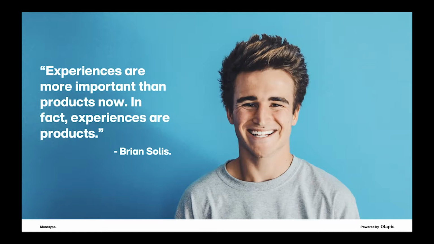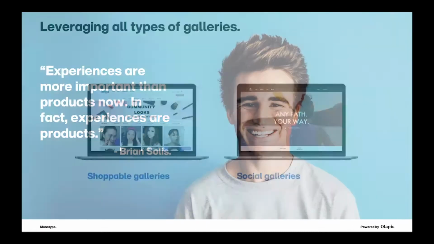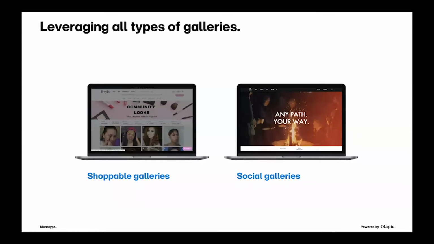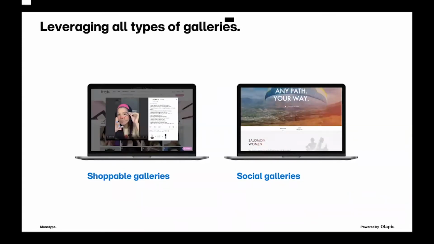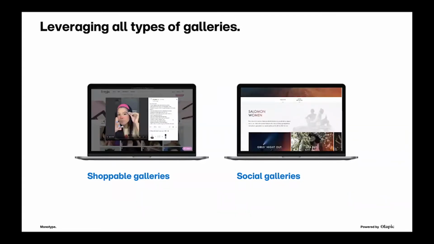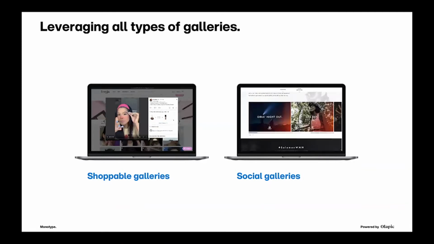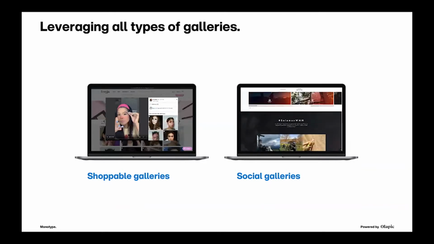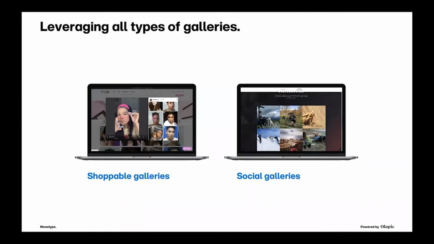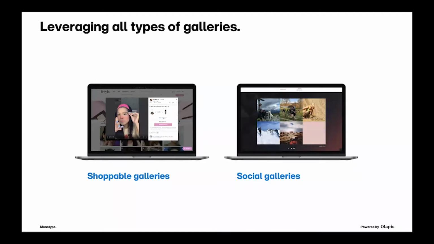We already know that UGC is a really strong form of social proof and users turn to UGC throughout all of the stages of their purchase journey. I want to talk a little bit more about galleries and the role that they have in these experiences. So when thinking about the different types of gallery implementations I've worked on with brands, I can break it down into two main categories. We have our shoppable galleries and our social galleries.